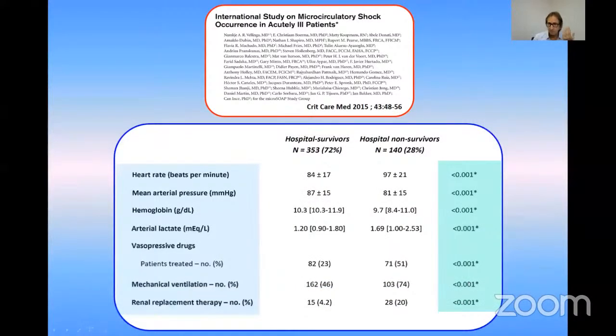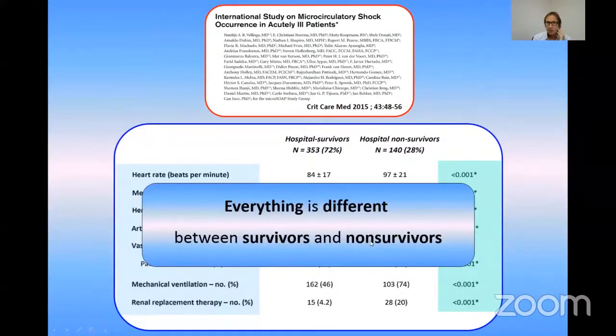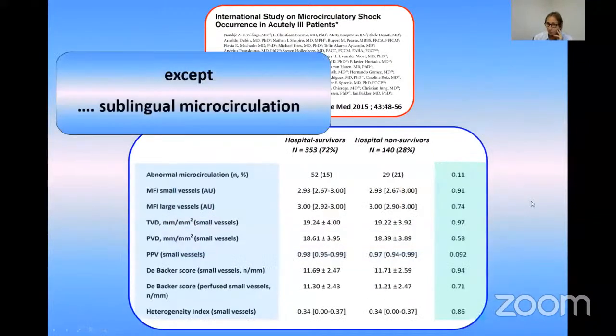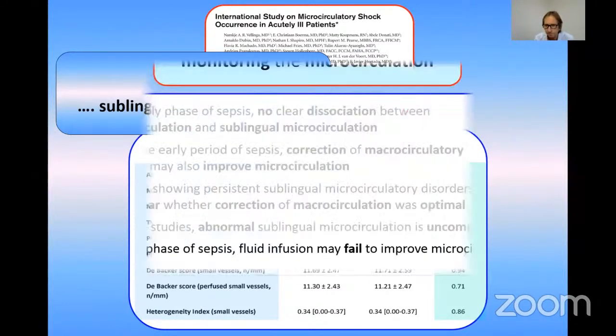And more importantly, there were big differences between survivors and non-survivors in terms of heart rate, MAP, hemoglobin, lactate, etc. Everything was different between survivors and non-survivors, except for microcirculation, there was no difference in any variable of the sublingual microcirculation detected by this technology. No correlation, no association with mortality.